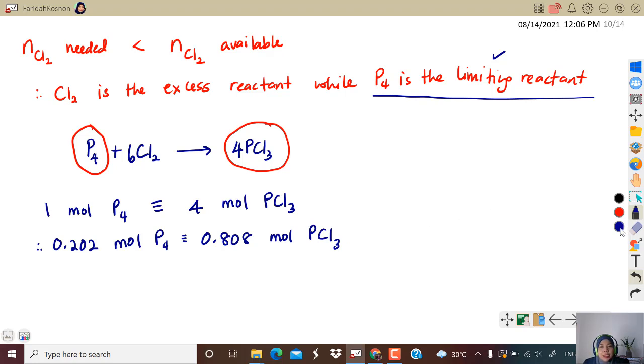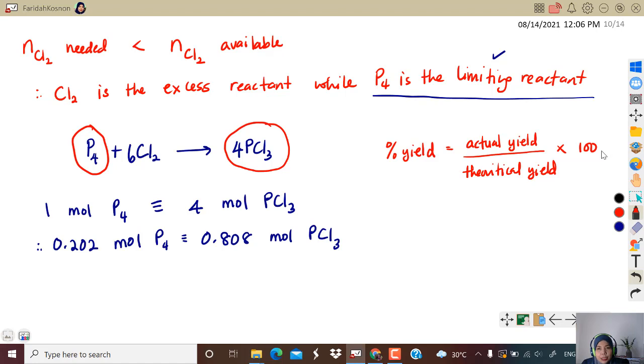Jadi, oleh kerana soalan ni sangat berkait, oleh kerana kita nak tentukan percentage yield, sekali lagi saya tulis. Percentage yield sama dengan apa? Actual yield divide by theoretical yield, times 100. Okey, jadinya sekarang yang kita kira berdasarkan stoikiometri ini adalah theoretical yield. 0.808 mol ini adalah theoretical yield.